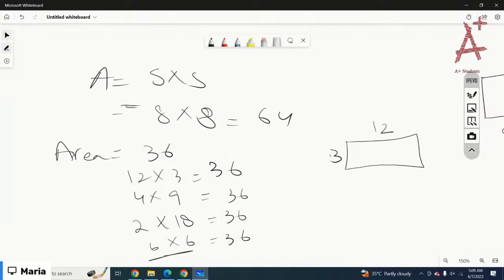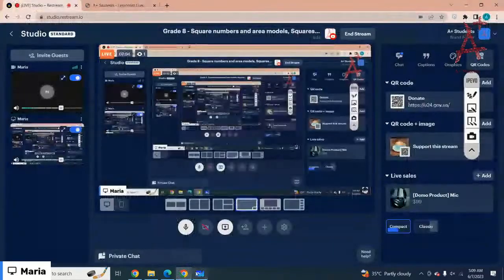But 6 times 6 means that would be a square. Got it? Because a square has all four sides equal in length. You have to justify your answer that 6 times 6 equals 36 is a square. So you can see here, square means you are going to multiply the number by itself. So 6 times 6 makes 36. Got it? Okay.